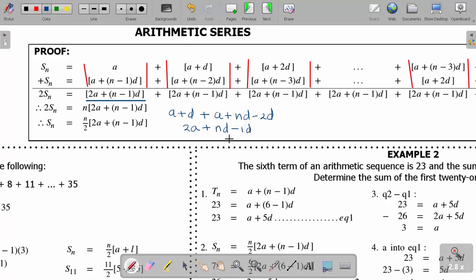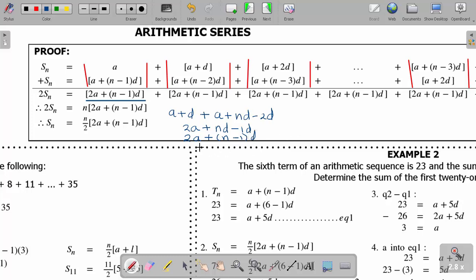Now if you check properly here, d is common, so I can write it as 2a, then plus, because d is common, I can factor it out. I'm left with n, then minus 1, and then times d.